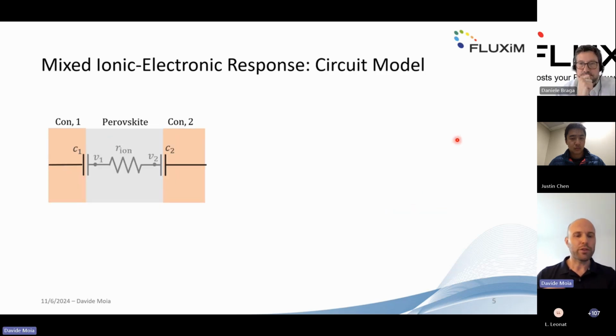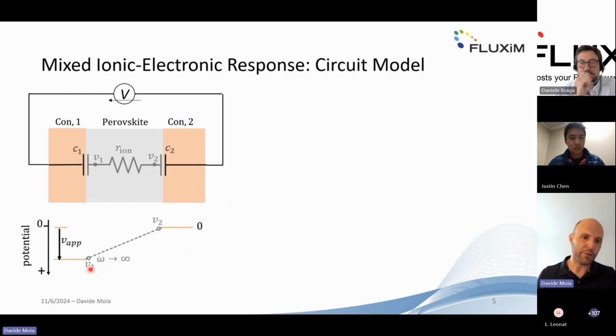Now, if we want to describe this in terms of equivalent circuit modeling, this could be a convenient and simple enough starting point. We could have capacitors describing this ion blocking behavior of the contacts, and then an ionic resistor that describes ion transport in the perovskite. This simple model already has very important implications.